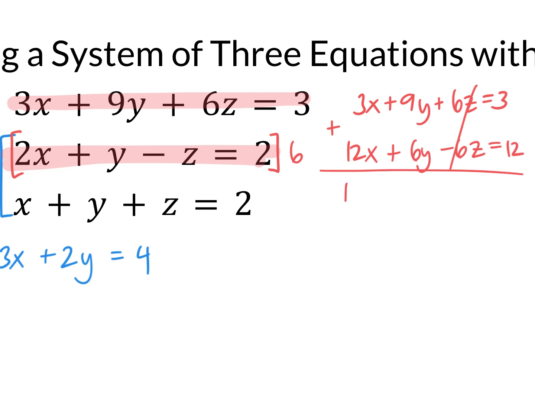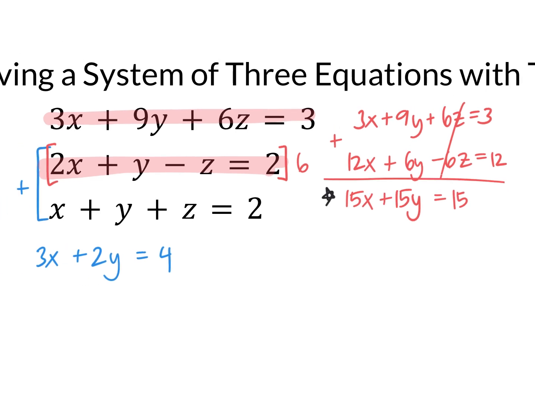I've got 15 x's, 15 y's, and I've got 15 on the other side. Okay, so now I have these 2 new equations that I got by combining 2 equations from my original 3 to get these 2 new ones, okay?